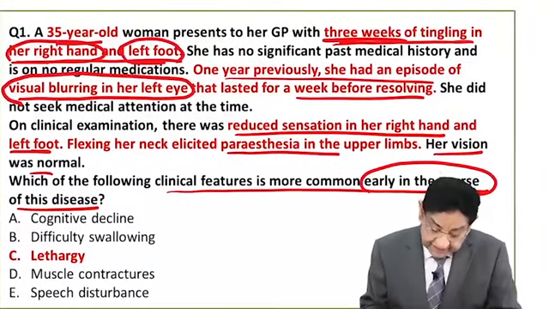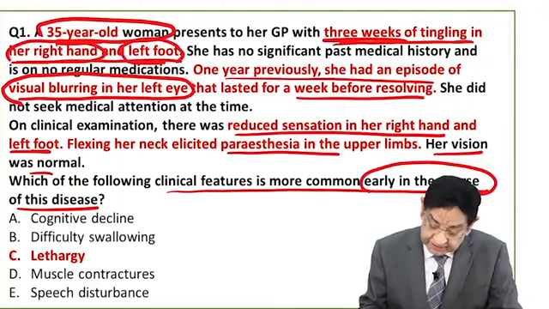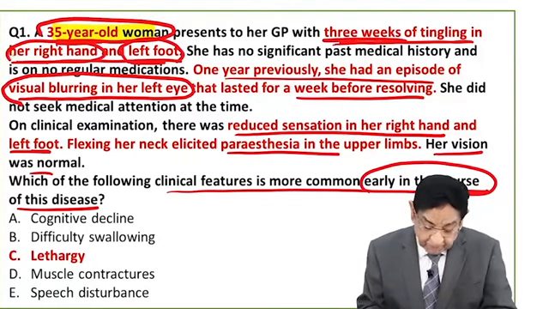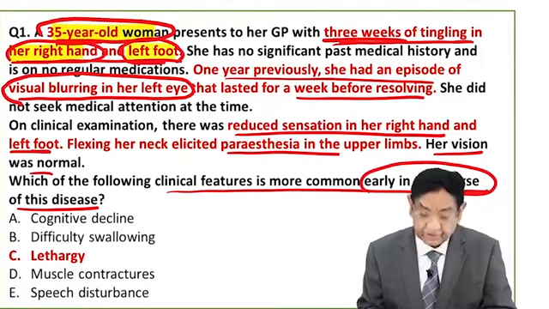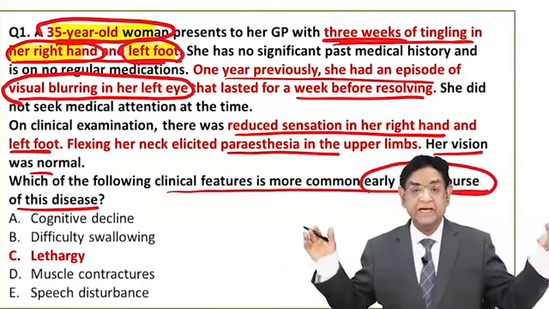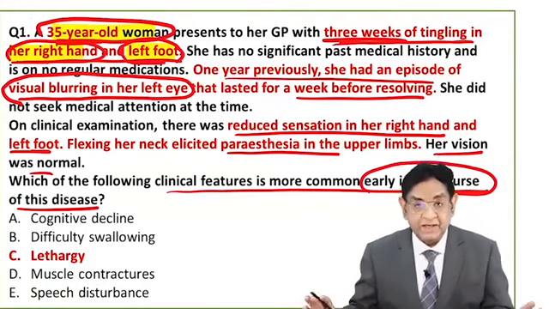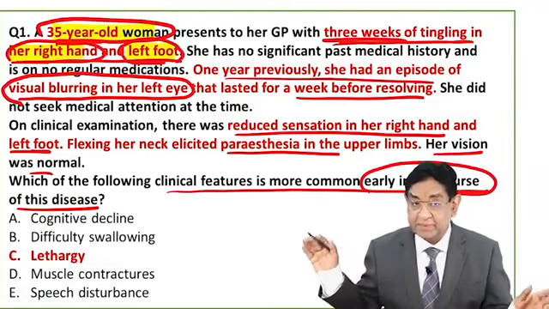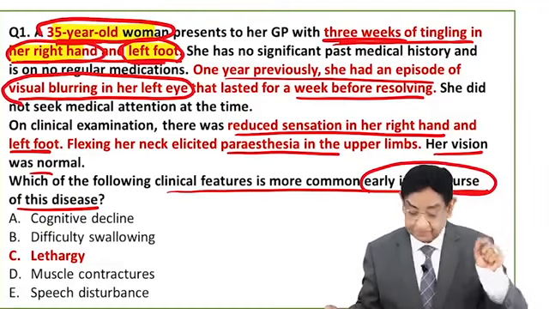First of all, she is a 35-year-old lady patient. Again, important point: she has problem in the right hand and the left foot. They are not on the same side. They are different sides. That means there is a problem in space.